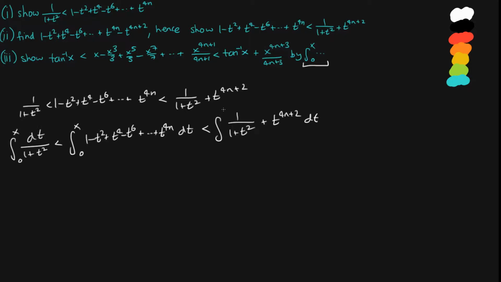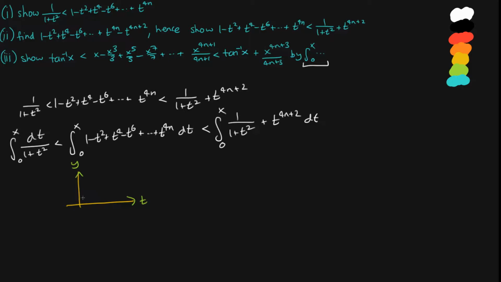Now, if you're wondering why the integral doesn't change the sign, it's because we're simply adding. I'll show it to you this way with a graph. Let's say that's a graph of t, and that's just y.